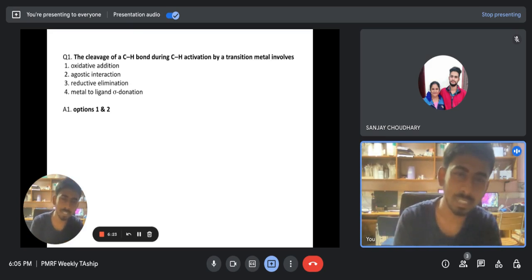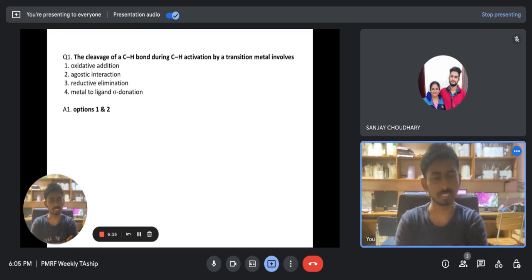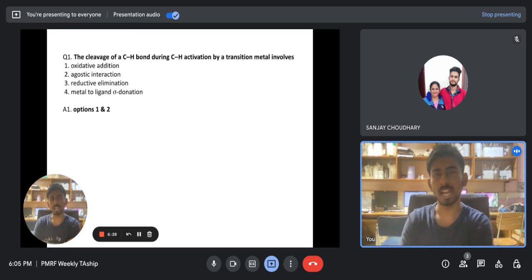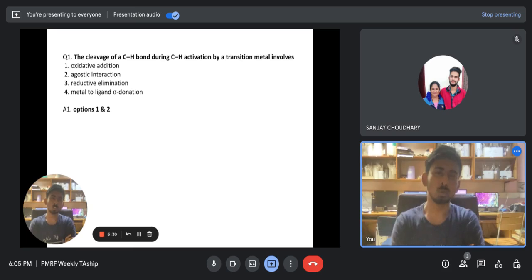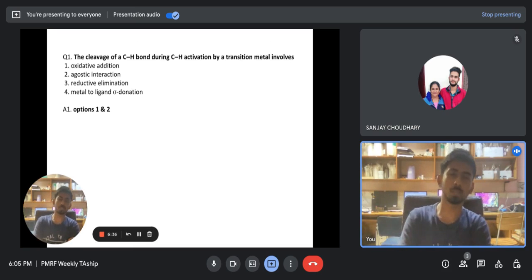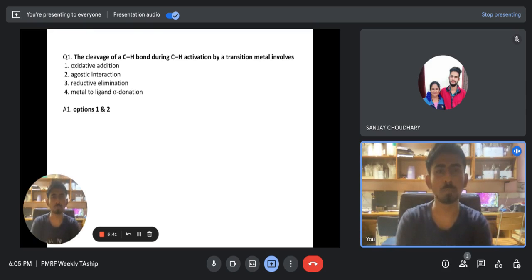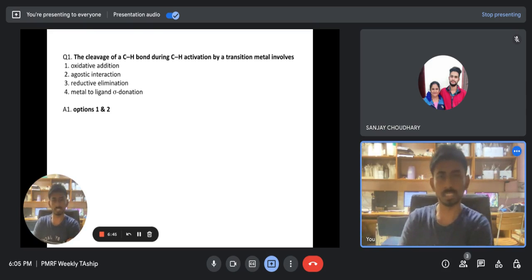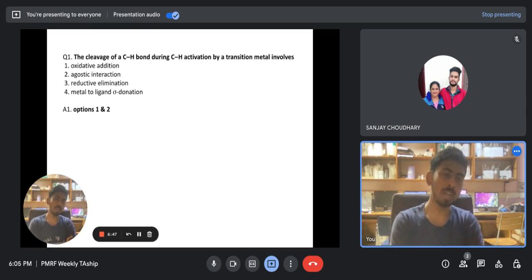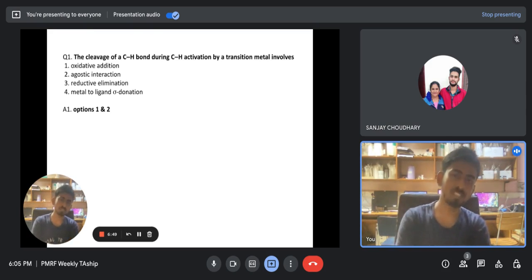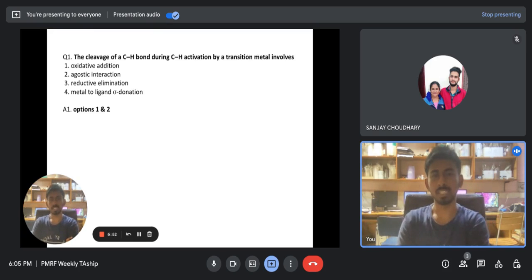If a transition metal is present in some oxidation state +x and it activates the C-H bond, then the corresponding oxidation state of the transition metal will be x+2. The carbon and the hydrogen both will be negatively charged, and they will be bound to the transition metal as an alkyl group and a hydride group. So that is one of the major pathways by which a transition metal can activate a C-H bond.